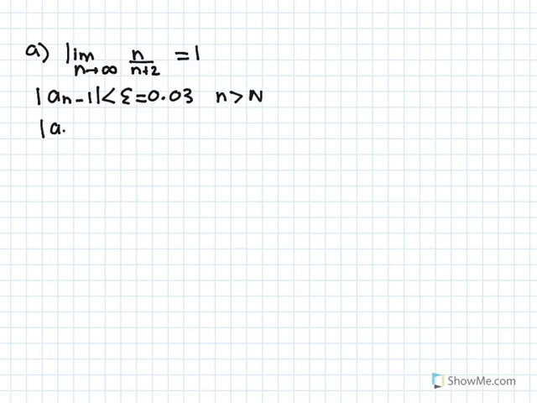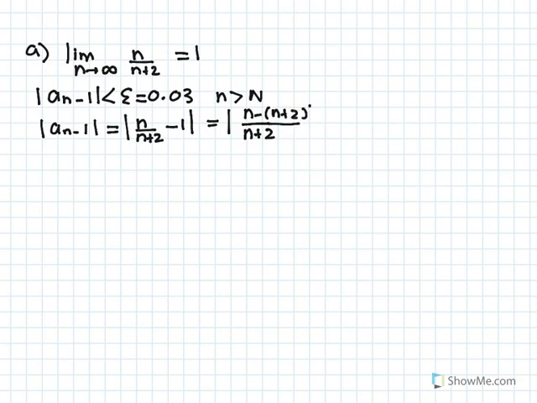All right, so we have a_n minus 1 is equal to n divided by n plus 2 minus 1. And simplifying this, taking a common denominator, we get n plus 2 in the denominator, and we get n minus n plus 2 in the numerator, and we simplify this.